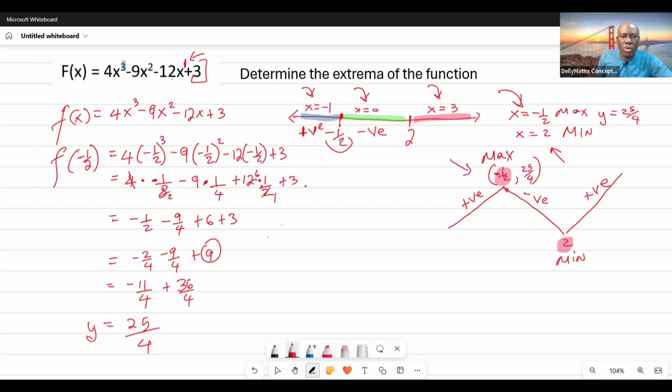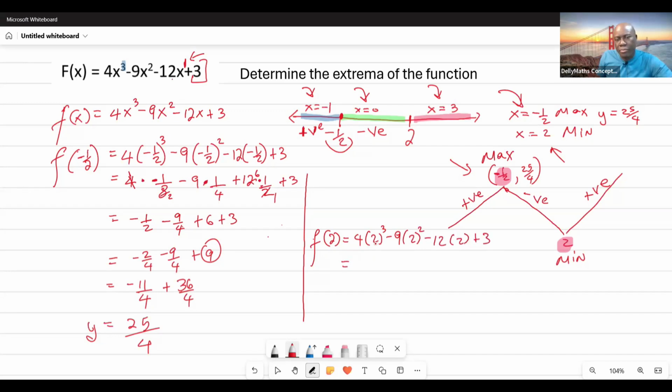Now we want to see what goes on at our minimum, okay? So at the minimum, we're going to be evaluating f of 2. That's what we're going to do. So it's going to be 4x to the third. So it's going to be 4 times 2 raised to the third, minus 9 times 2 squared, minus 12 times 2, plus 3.